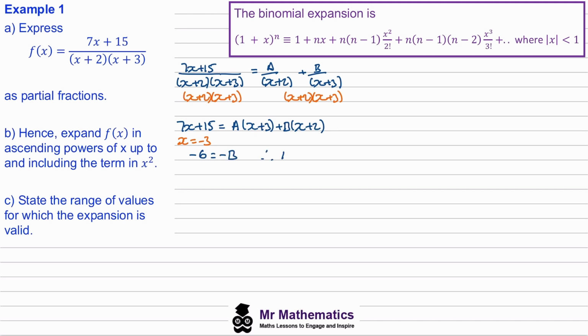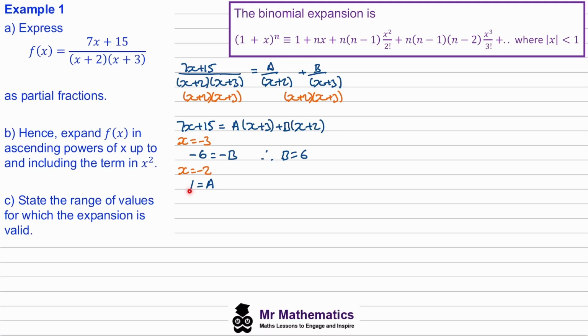So therefore, b will equal 6. And then if we let x equal -2, this will cancel out the b term. We'll get -14 plus 15. And on the right-hand side, we'll get -2 plus 3. So we can see that a will equal 1.